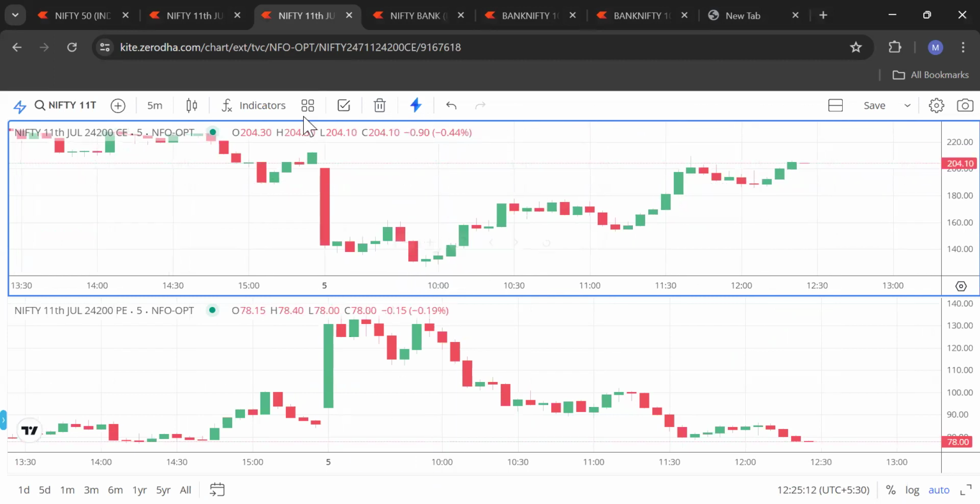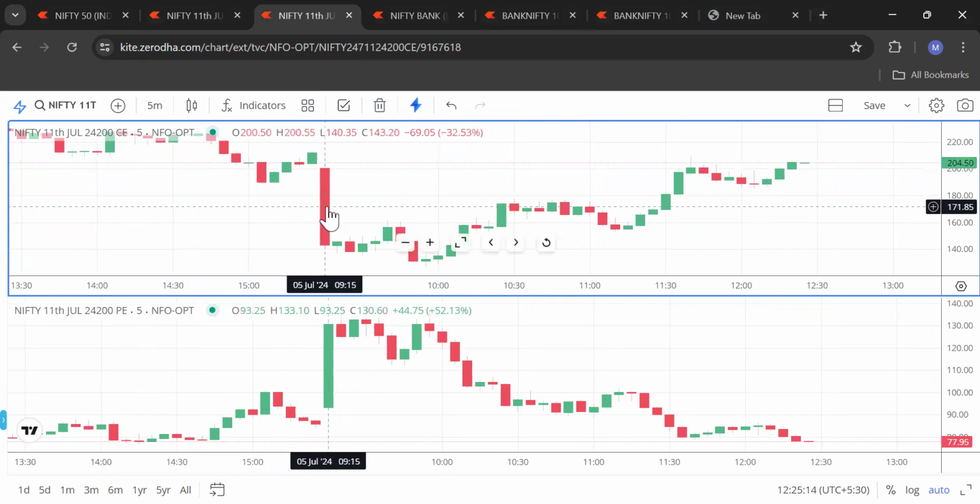Now you just see 24,200 call and put. As per our routine method, you cannot find a common point over here. Just see 200.5, 200.5.